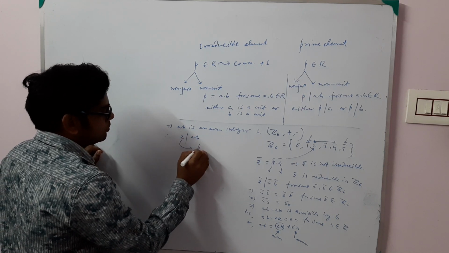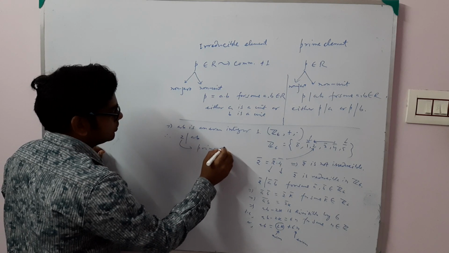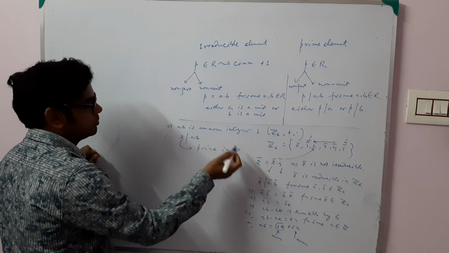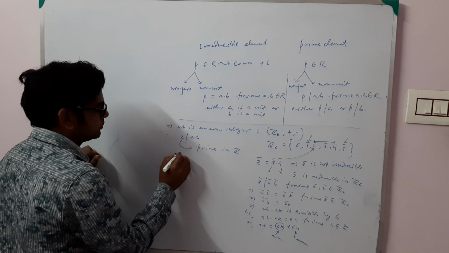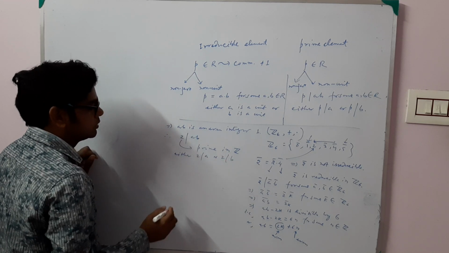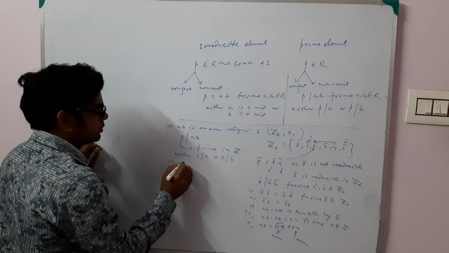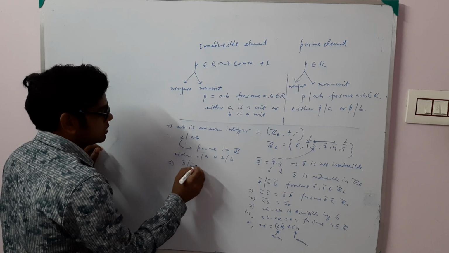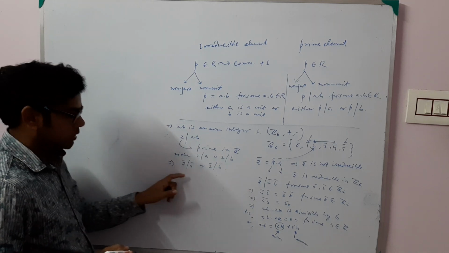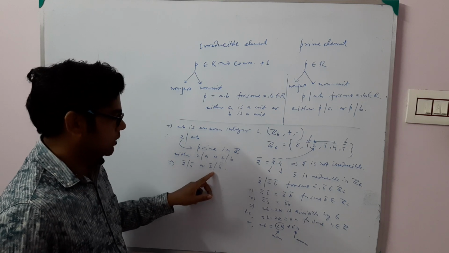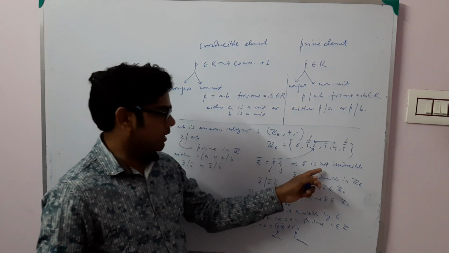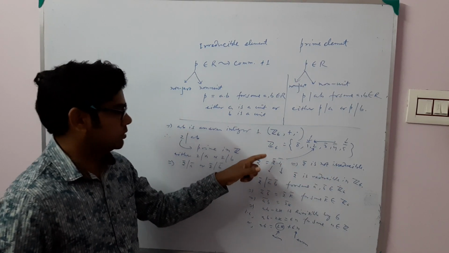Now 2 is a prime element in Z. So by the definition of prime element in Z, either 2 divides A or 2 divides B. This implies class 2 divides class A or class 2 divides class B. So here class 2 is a prime element in Z6, whereas class 2 is not an irreducible element in Z6.